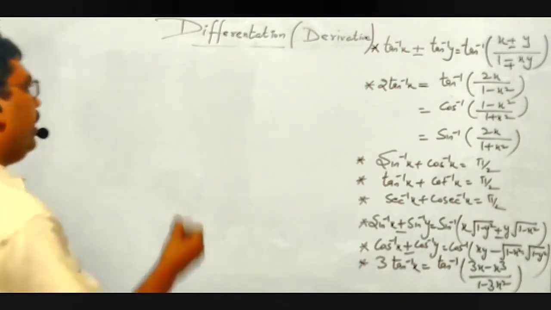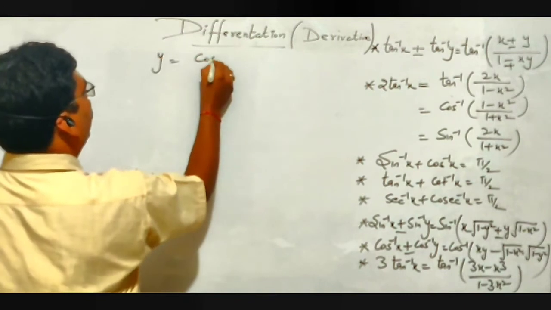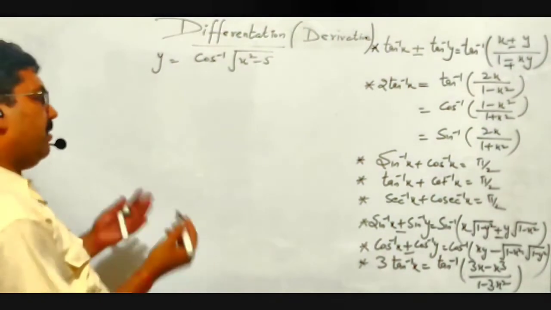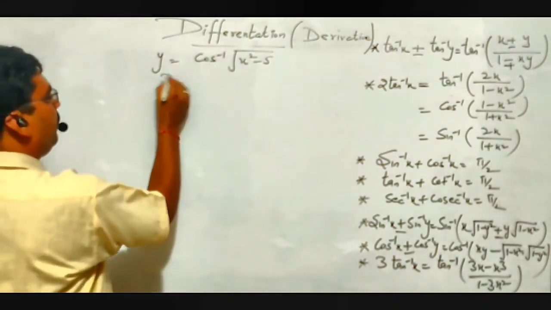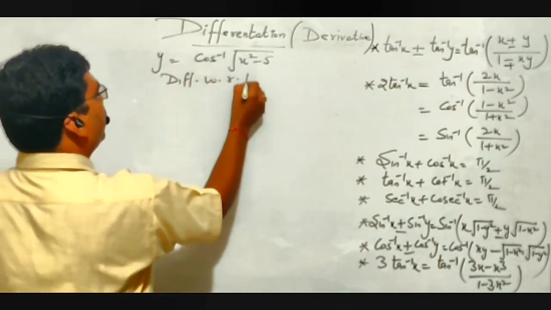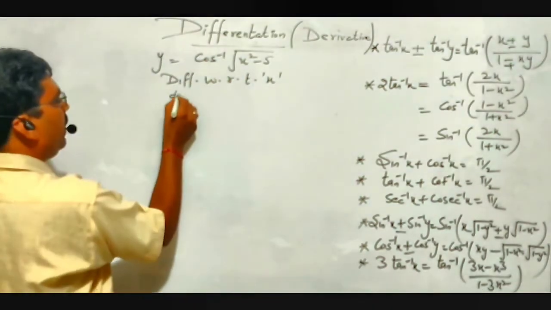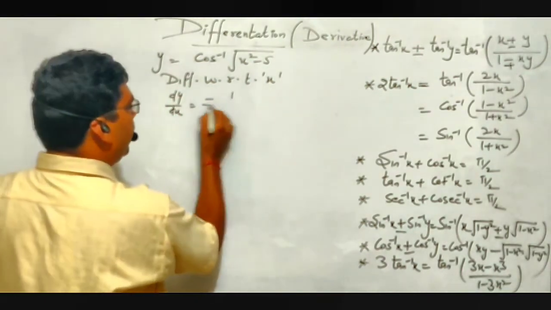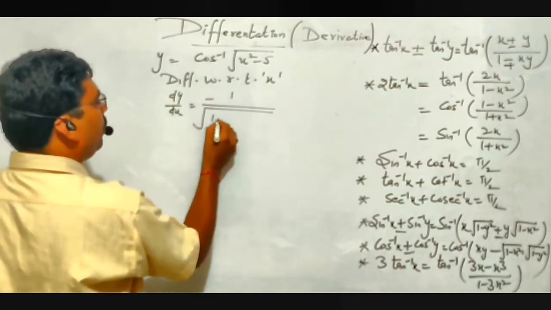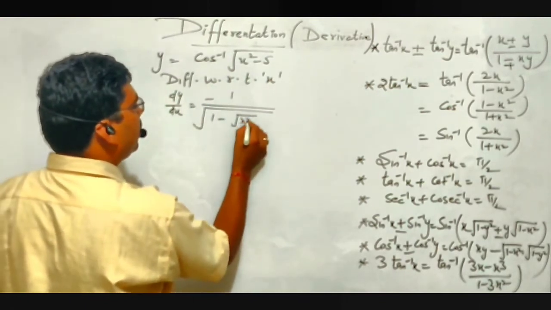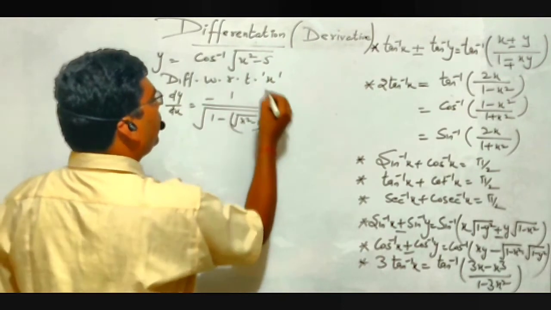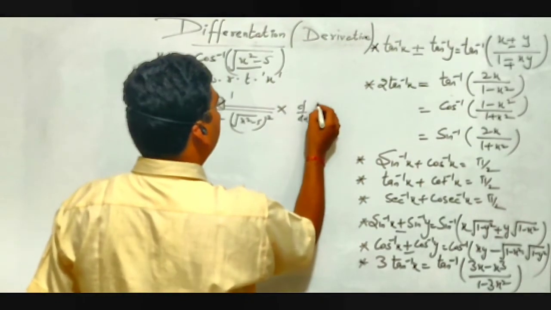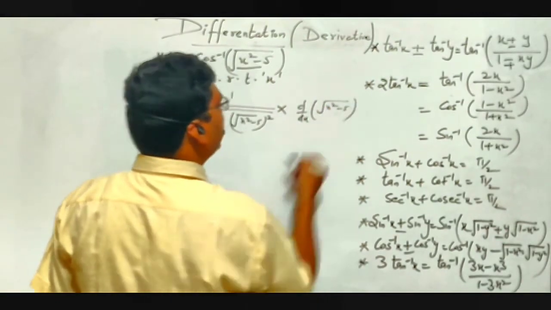Next example, if y equals cos inverse of the square root of x square minus 5, then find its derivative. Differentiate with respect to x. dy by dx: the derivative of cos inverse is minus 1 by square root of 1 minus x square, times the derivative of the angle, square root of x square minus 5.